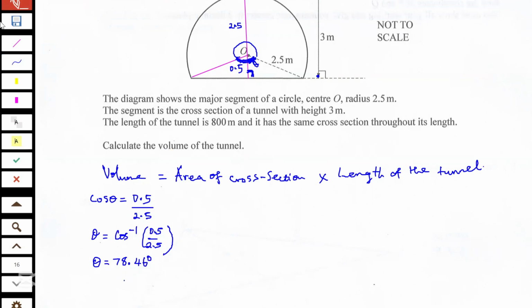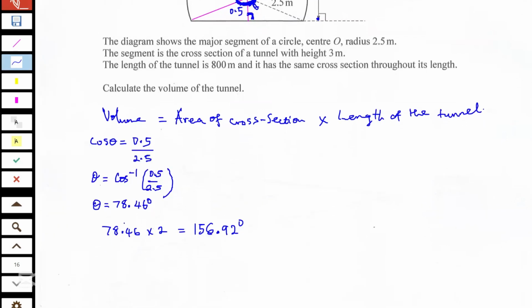So 78.46 multiplied by 2 gives us 156.92 degrees, which means the whole of this angle in the triangle here is 156.92.